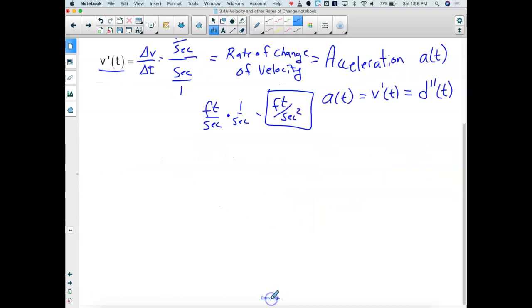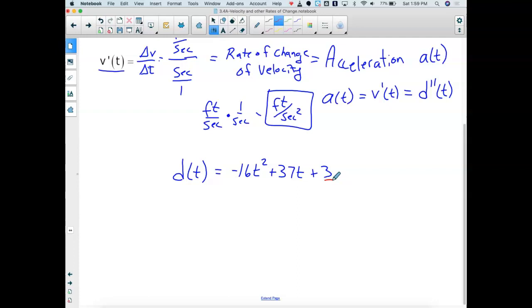So what do we got going on here? Our displacement function originally given to us was negative 16t squared plus 37t plus 3, okay? And if I took you all the way back into Algebra 1 when you looked at these functions, hopefully you remember that 3, the constant, was always your initial position, because that was at time 0.